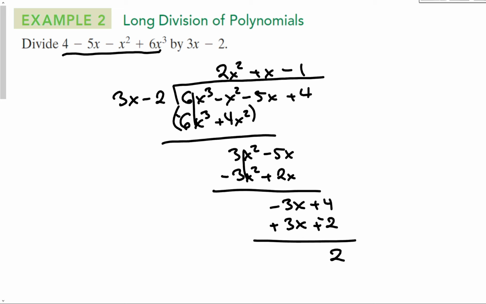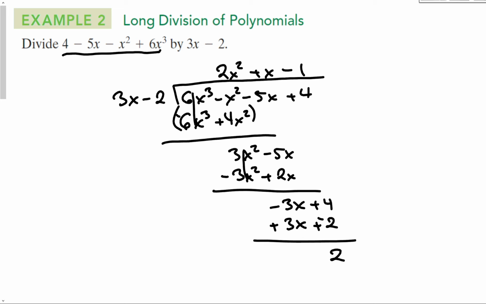So now we can see that this polynomial is not divisible by this, not evenly anyway. So my answer becomes that plus a remainder.